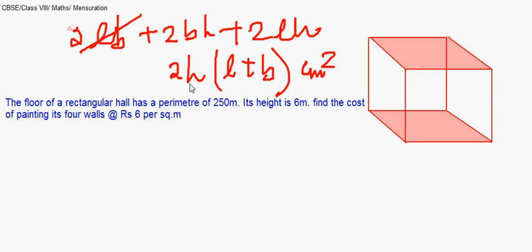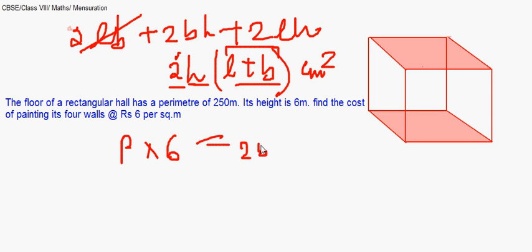See, 2 into height into L plus B: the formula for the perimeter of a rectangle, which is each face of the cuboid, is 2 into length plus breadth. Now if I multiply height to the perimeter, that gives us the area of the 4 walls. So in this question, area of the 4 walls will be perimeter multiplied by the height, which is given as 6. Perimeter is 250 multiplied by 6, that would give us 1500 meters square.